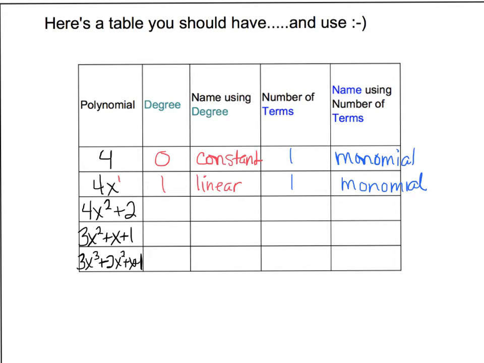Then we have 4x squared plus 2, and whenever our degree is 2, we call it a quadratic. And then the number of terms is 2, and so that's a binomial.